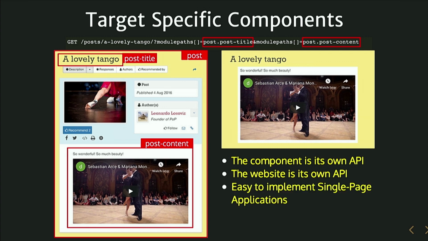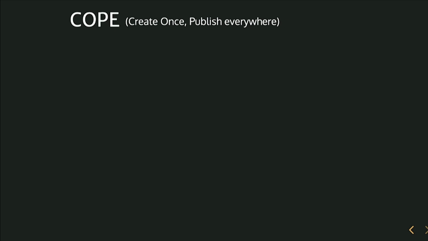So you can also implement single-page applications, and you can also create pattern libraries very easily, because you render a component and it gives you the visual identity. A component also knows which CSS it has to load and its JavaScript files. It just does it. You don't need to code it somewhere else. Finally, you can implement COPE, which means create once, publish everywhere.